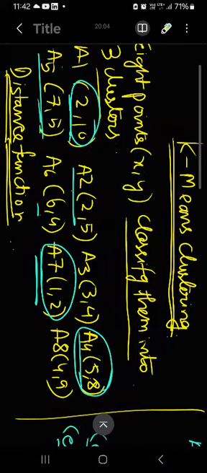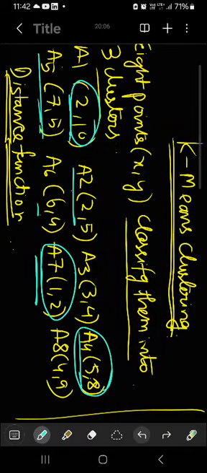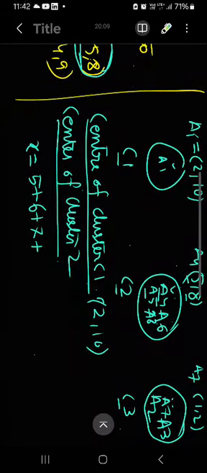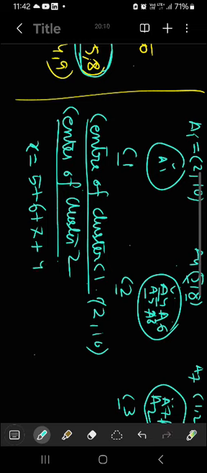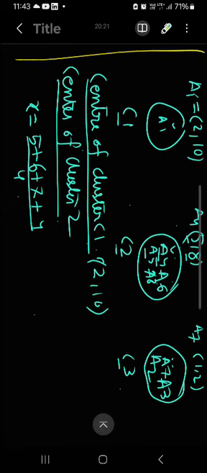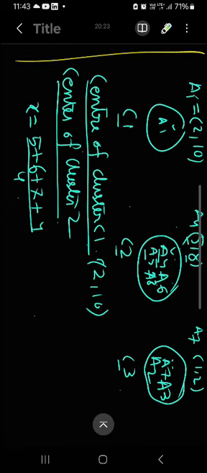The x coordinate of A8 is 4. So we have to just divide this sum by 4.